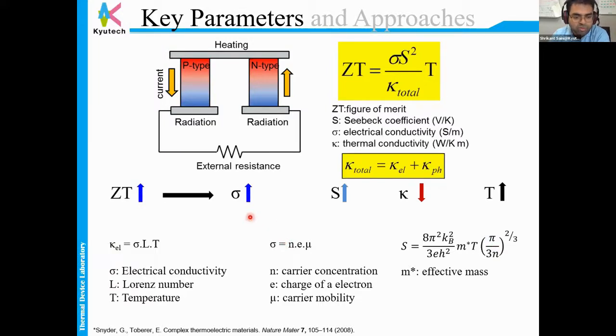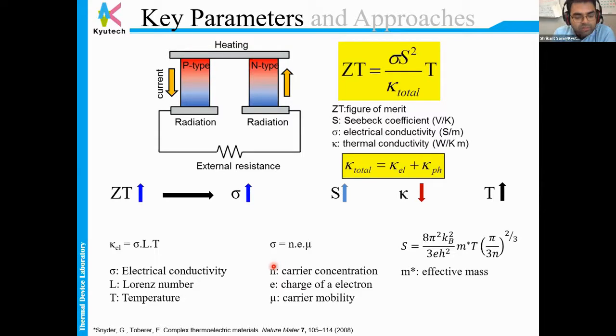If you try to increase electrical conductivity, your carrier concentration goes up, and your Seebeck goes down, or vice versa. If you try to increase the Seebeck, your n goes down, and as soon as n goes down, your electrical conductivity starts decreasing. That means these three parameters are interconnected, and understanding these three parameters is challenging.